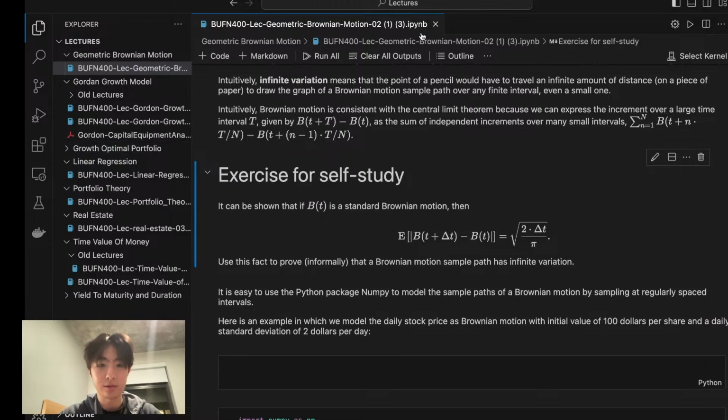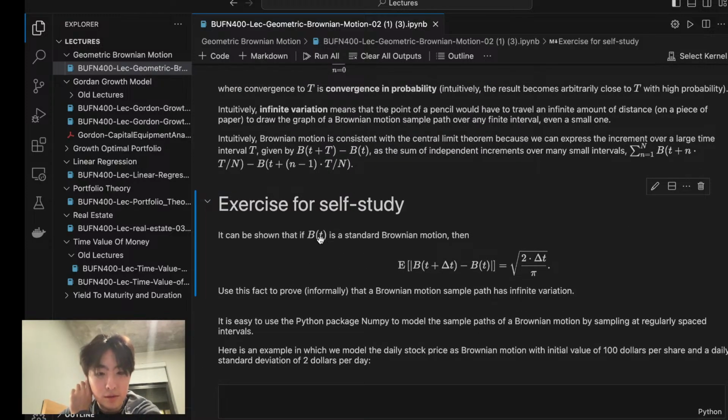I think this is one of the ones where I need to. Okay. So use this fact. B of t is a standard Brownian motion. Then expected value of B of t plus delta t minus B of t is equal to the square root of 2 times delta t over pi.